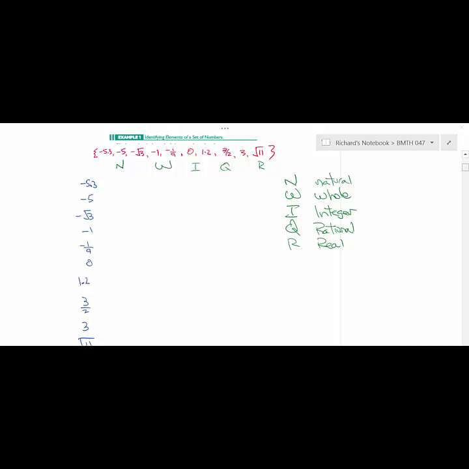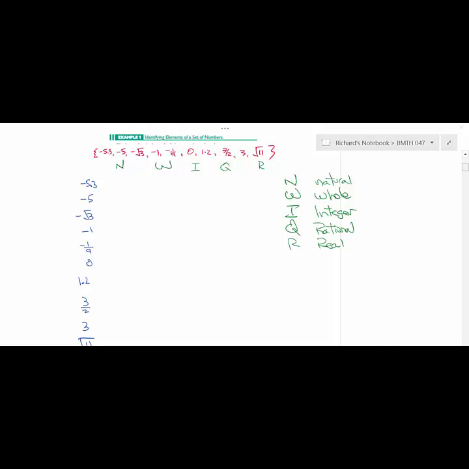So let's get started. All right, negative 5.3. Because it's got a negative sign, it cannot be a natural number because no natural numbers are negative. It can't be a whole number because no whole numbers are negative. It can't be an integer because it's got this decimal bit. Negative 5.3 could be written as negative 5.30 or negative 5.300 or negative 5.3000.